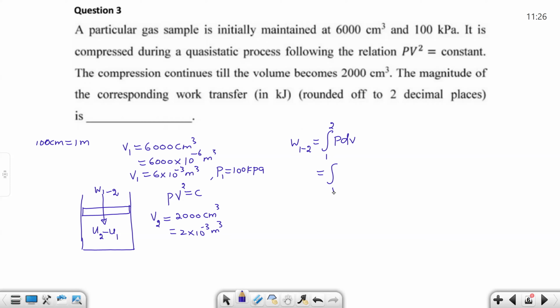We know the relation P equals C by V squared, integral of dV.